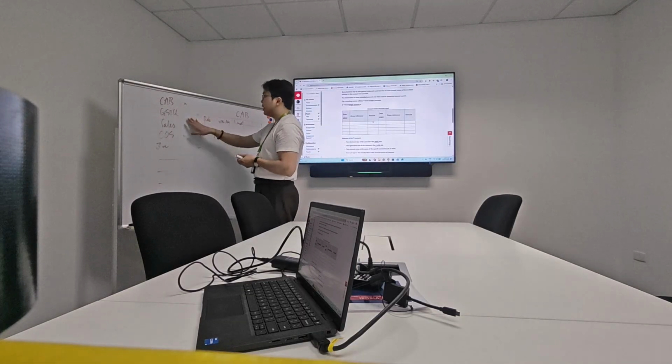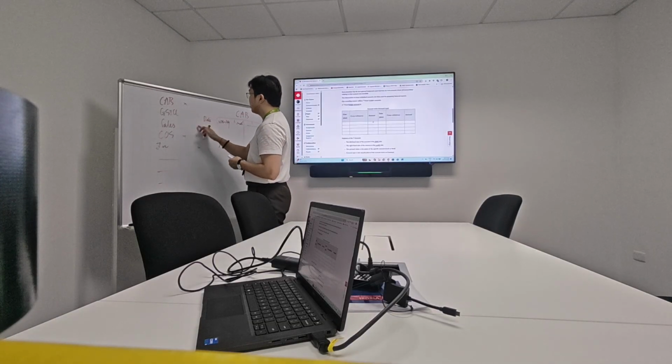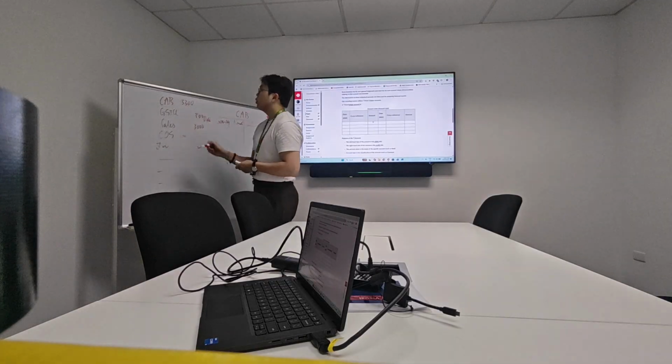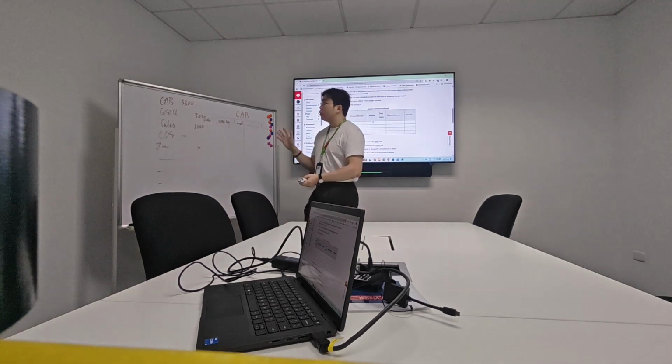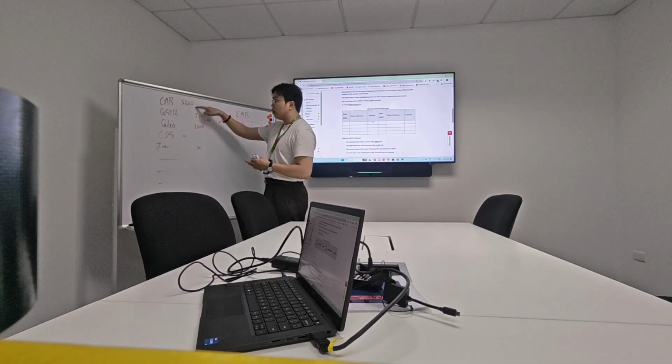Now, have a look here. Say I have sales of $3,000 and GST of $300 here, and both of these are going into cash at bank. So going back to my question, what has happened to cash at bank?